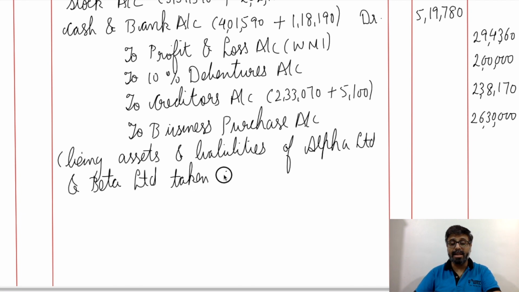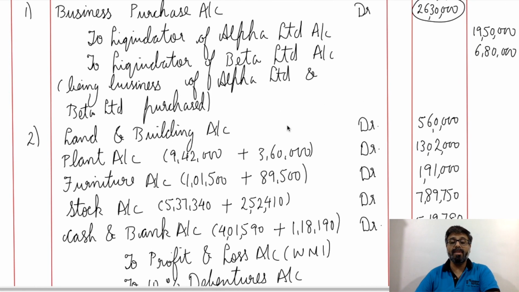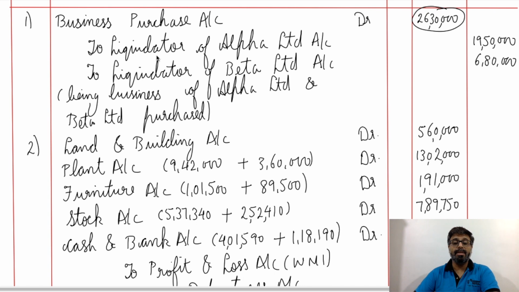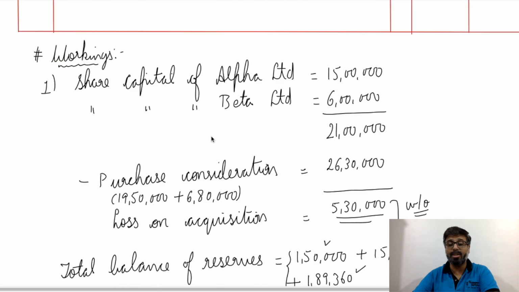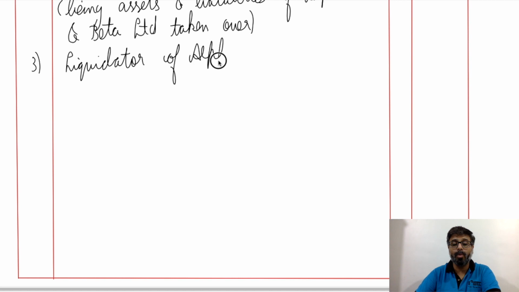Now after the second entry, taking over assets and liabilities, the third entry is settlement of purchase consideration. So we will be giving the amount to the liquidators. Liquidators are the receivers, debit the receiver. So liquidator of Alpha Limited account debit with 19,50,000. The same accounts we will reverse and debit.